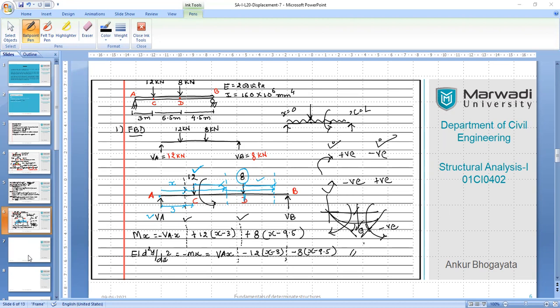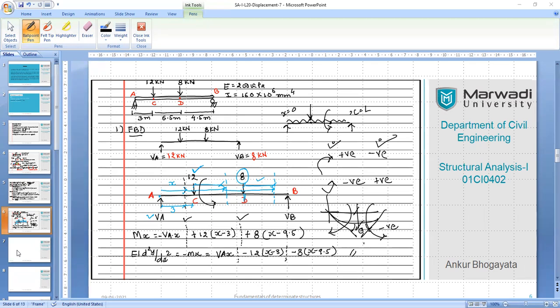Okay, friends. In the last session, yesterday, we reached this level of solution of the simple determinate beam exercises or problems by using Macaulay's method. And we have noticed that Macaulay's method is usually very convenient for complex or advanced level loading conditions on a simply supported beam.